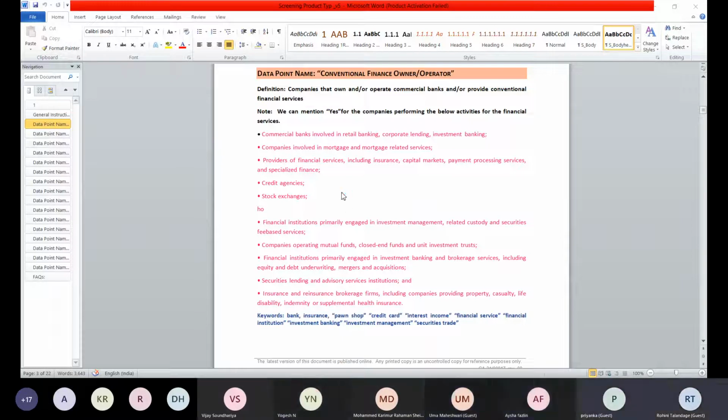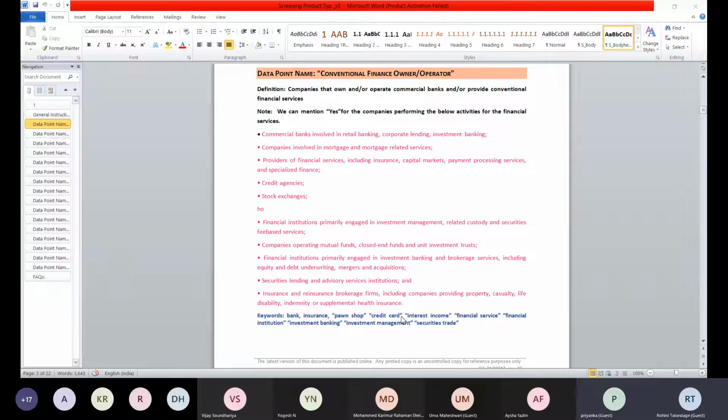Now I will give you an example. You are searching with the keyword bank, or say credit card. If they are saying they are providing the credit card facility, then you can mark it as yes.